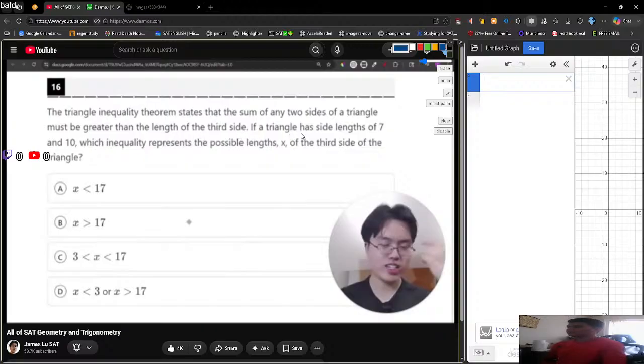If a triangle, you mean right triangle, has sides of length 7 and 10, which represents the possible length x of the third side of the triangle?